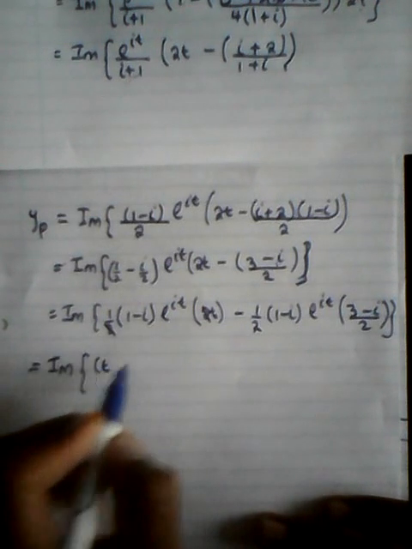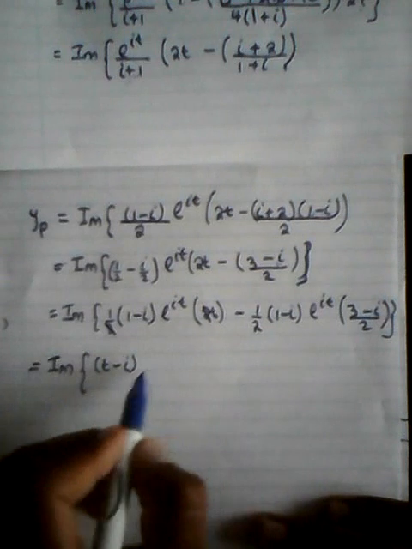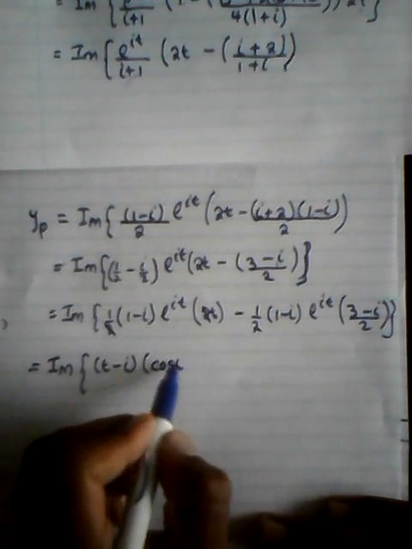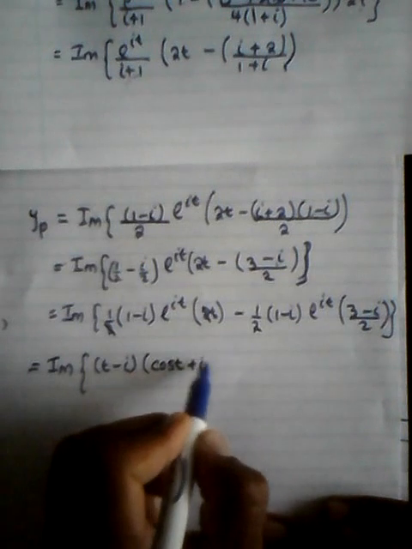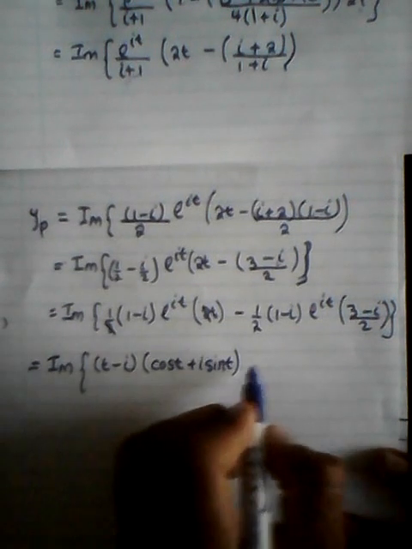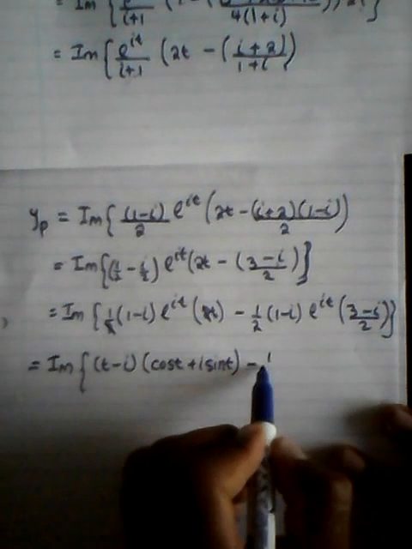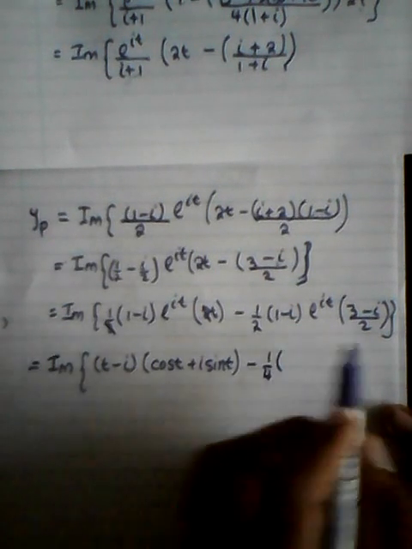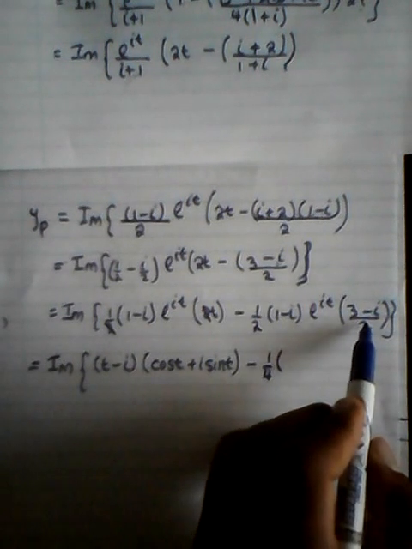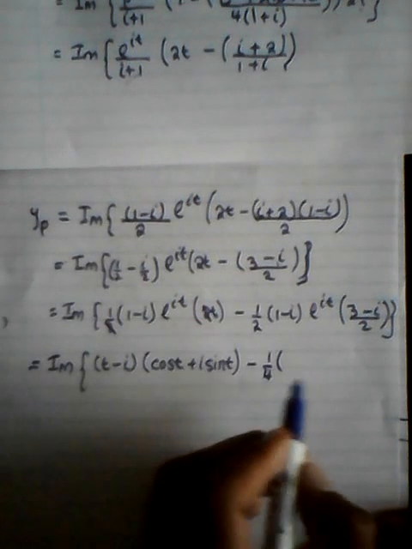I'm going to multiply this t by this thing here, so I'm going to get t minus i, and then I'm going to write e to the power of it in terms of sine and cosine, and this is multiplied by cos of t plus i sine of t. Okay, and then we're going to subtract 1/4, note that I'm saying 1/4 because I'm going to multiply this 2 by this 2, which gives me 1/4.